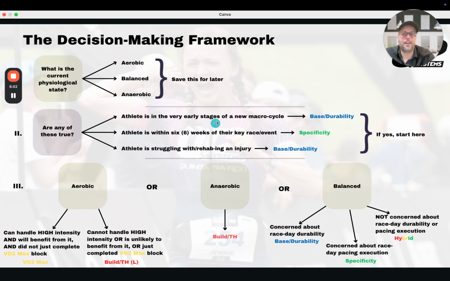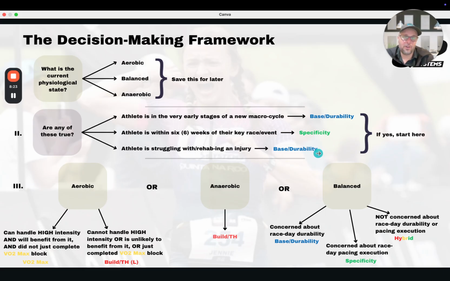So are any of these true? The athlete is in the very early stages of a new macro cycle. If yes, we consider a base durability block. Is the athlete within 6 weeks of their key race or event? If yes, we consider a specificity block. Is the athlete struggling with or rehabbing from an injury? If yes, we consider a base durability block.